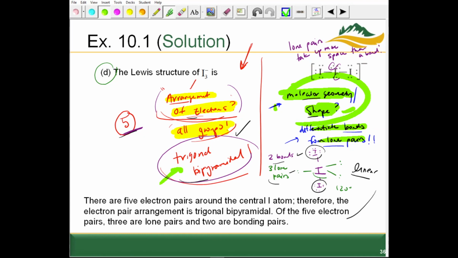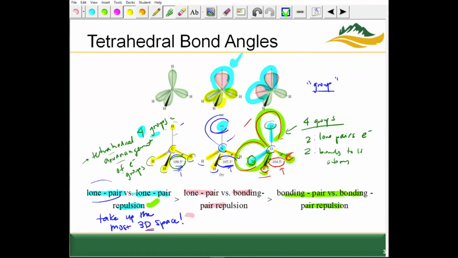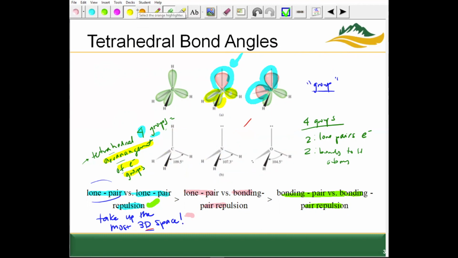So let's apply these 2 different ones to the case we've been looking at so far. If we're just talking about the arrangement of electron groups for all 3 of these examples, we have 4 groups: 1, 2, 3, 4, all bonds here; still 1, 2, 3, 4, 3 bonds and a lone pair; 1, 2, 3, 4, 2 bonds and 2 lone pairs.